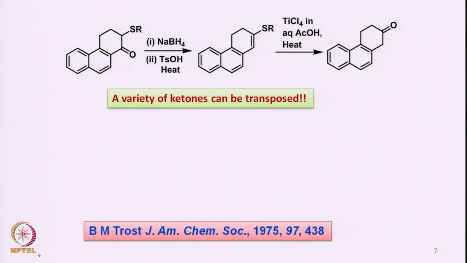Now Barrett also has reported an interesting way of doing this kind of 1,2 ketone transposition, where he took a ketone and introduced simply an SR group adjacent to the ketone at the alpha position without making the tosyl hydrazone.